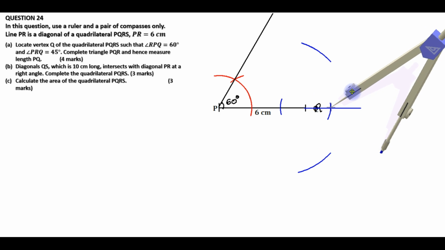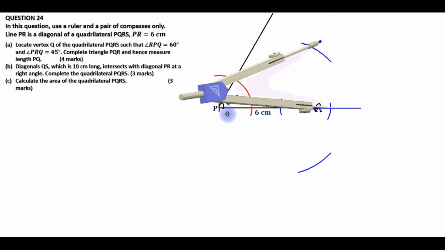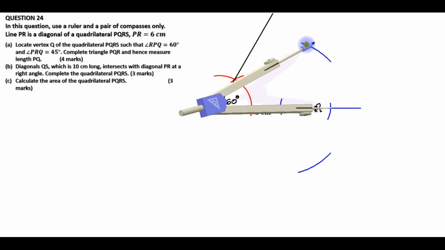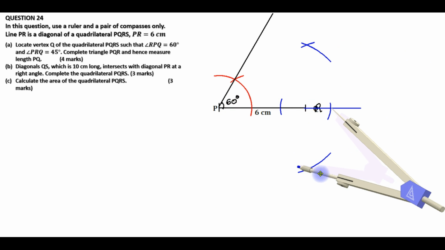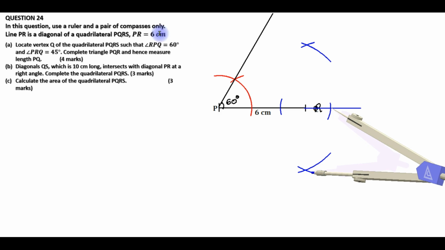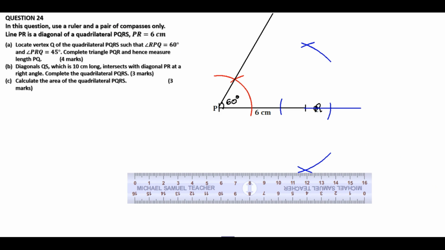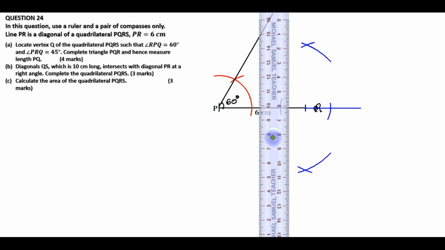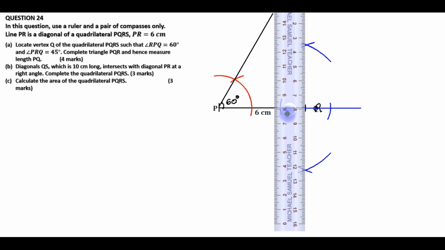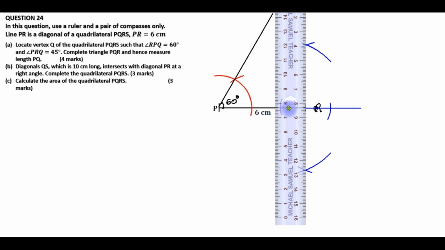I place the pointer of the compass at that particular point. Then I also put an arc at the top and also at the bottom. Then I take a ruler and then I draw that vertical or the perpendicular line.